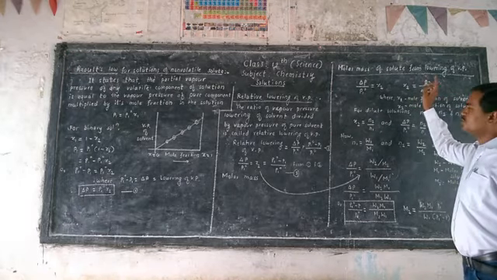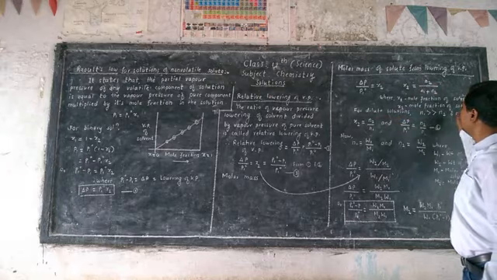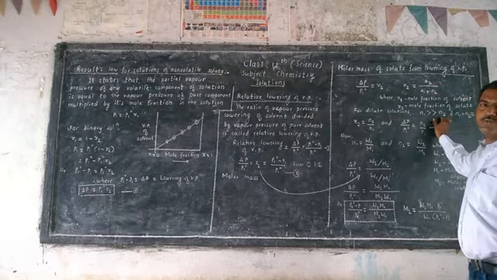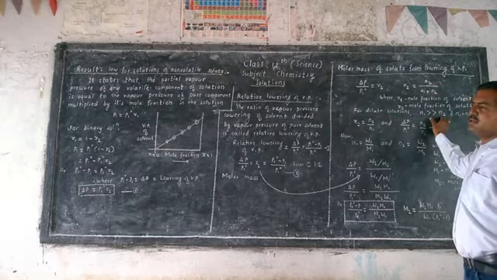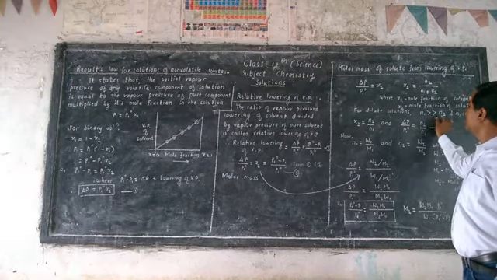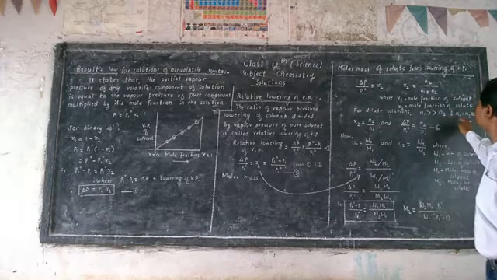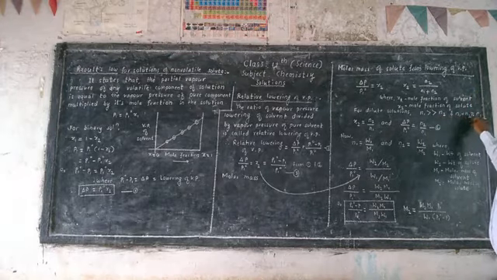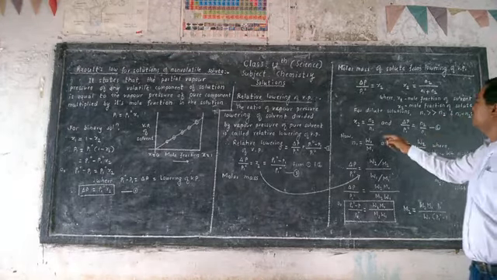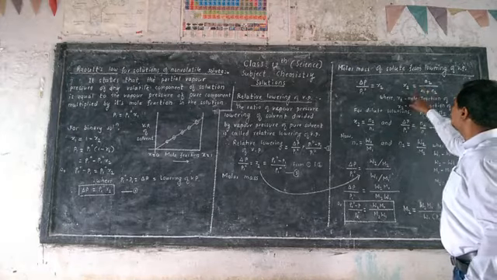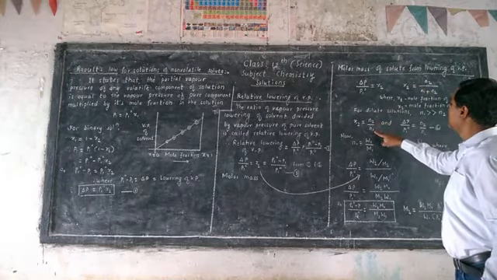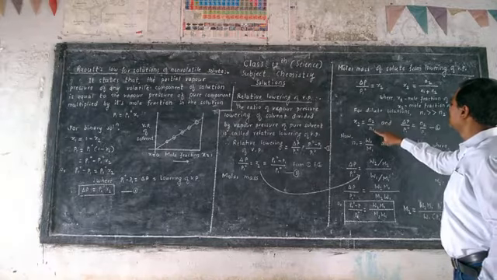For a dilute solution, N2 is very small compared to N1, so N2 can be neglected, and N1 plus N2 is nearly equal to N1. So X2 becomes N2 upon N1.